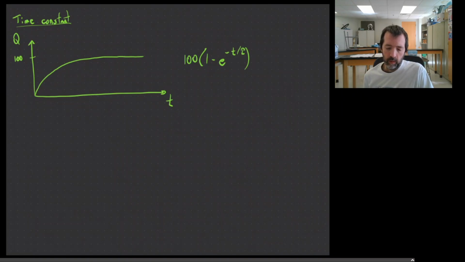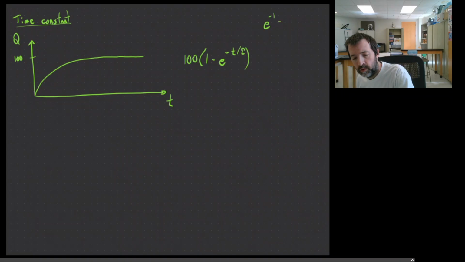When t is equal to tau, then the exponent is going to be -1. And e to the -1 is roughly 0.3678, or like 37%-ish. I'm going to jot that down in the corner. E to the -1 equals 37%.